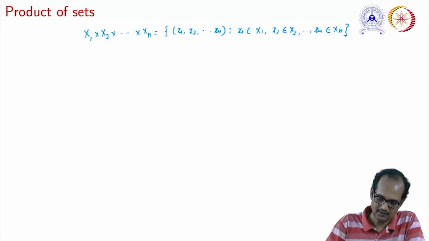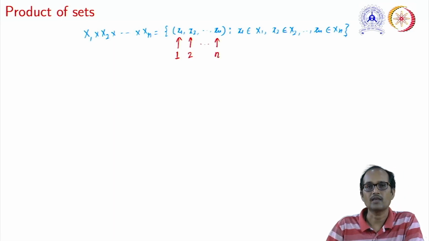Note that what we are writing here is in X1, and we say that this corresponds to 1; this is in X2, corresponding to 2; and in the same way this is corresponding to n.